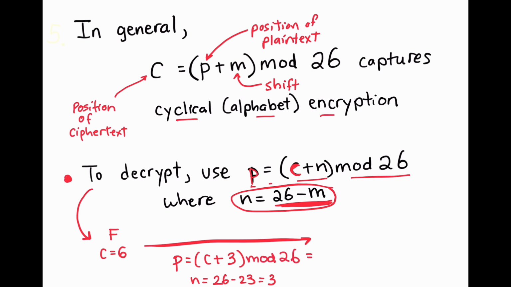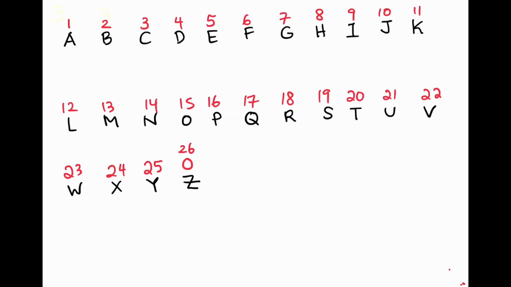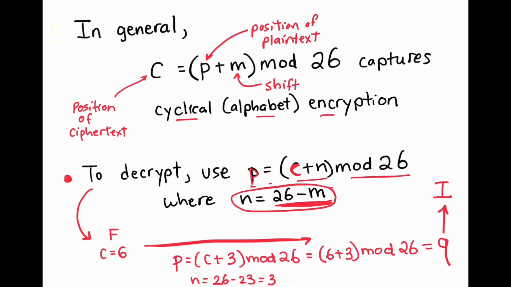That would be 6 plus 3 mod 26, which is just 9. And as we know, the ninth letter is just I. So P is equal to 9, and it's the letter I. That's our plain text, so that's for the "I love you."